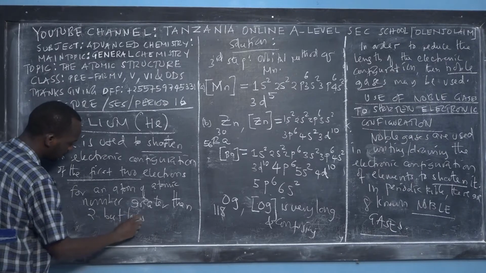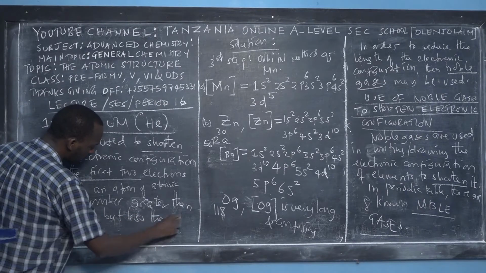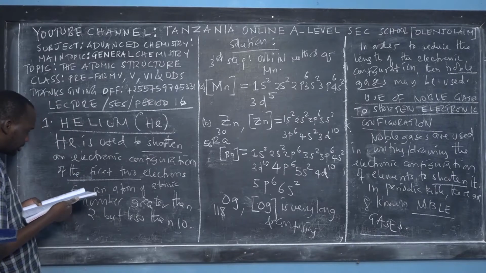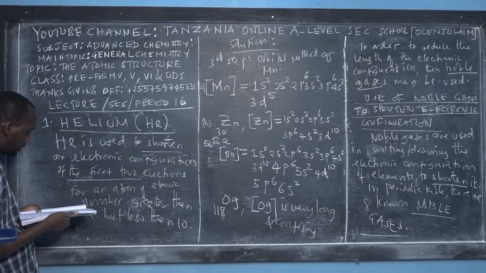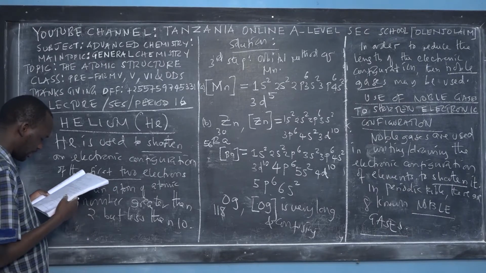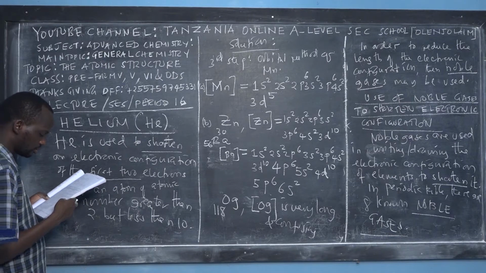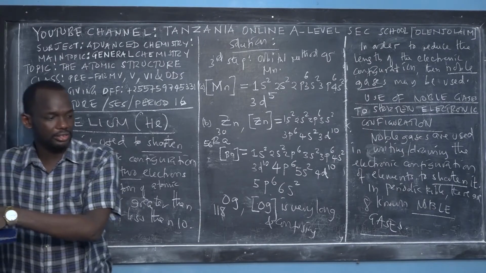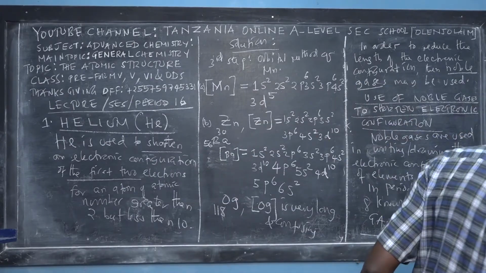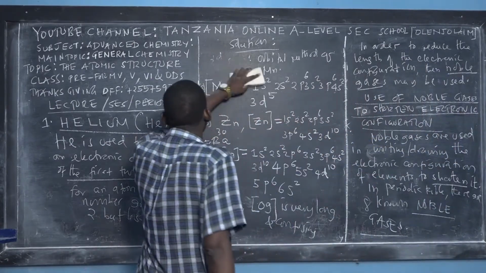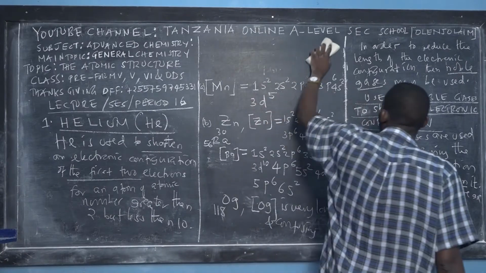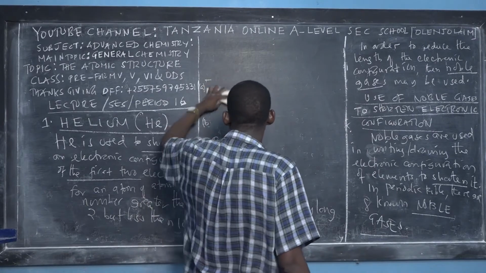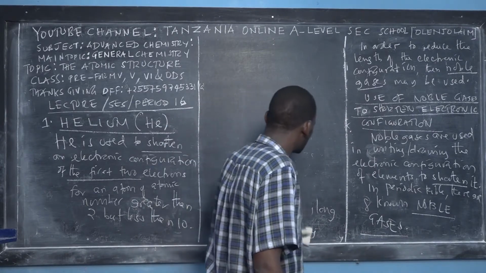but less than 10. Why is it limited like that by atomic number? There is a reason. Helium is used to shorten the electron configuration of an element with atomic number greater than 2 but less than 10.